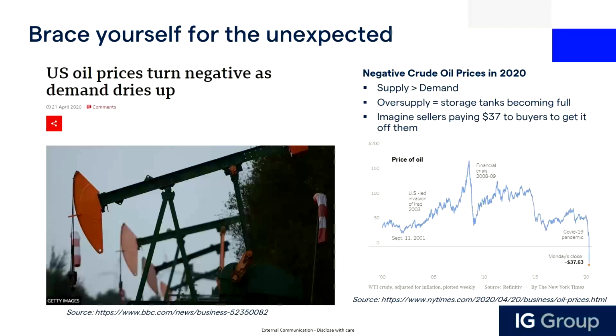When the oil prices went to negative territory, it was a situation that nobody would have imagined could even be possible, because it meant the oil sellers were paying money to buyers to get it off them. That's quite a weird scenario to happen.